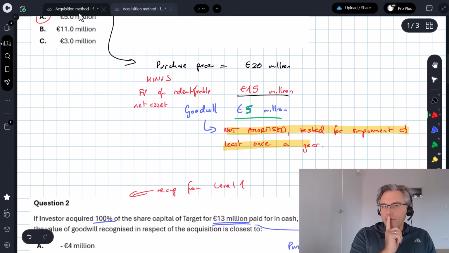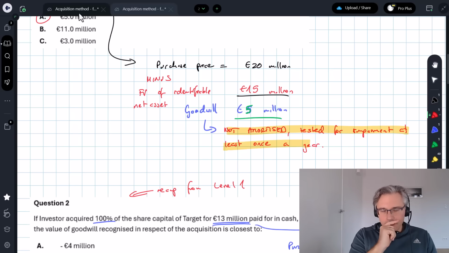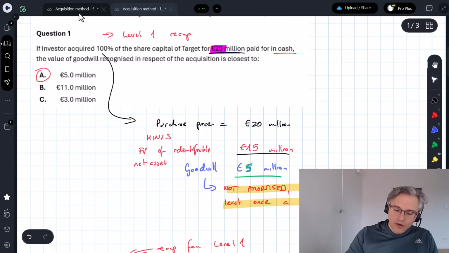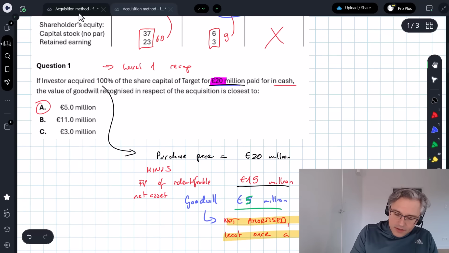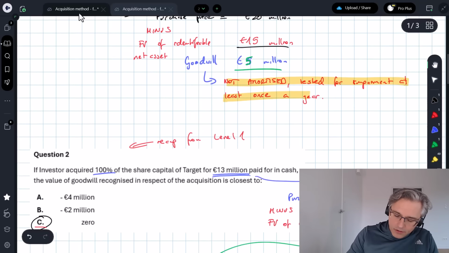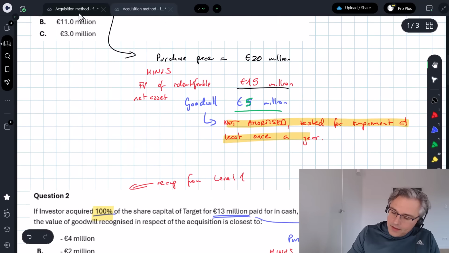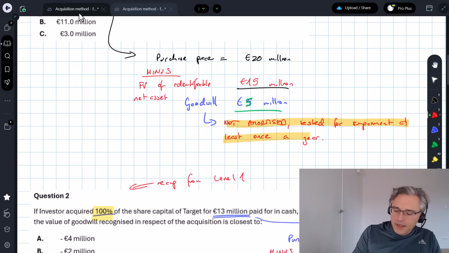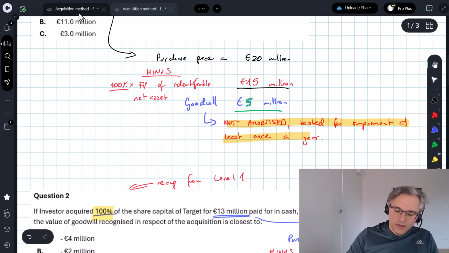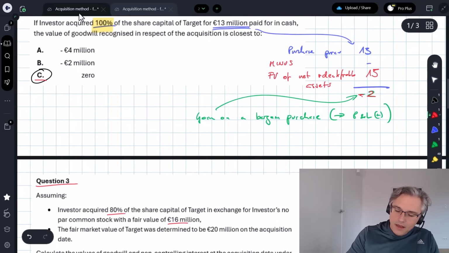But before, in questions 1 and 2, because in both cases we were talking about acquiring 100% of the share capital, I just said, let's deduct the fair value of net identifiable net assets. I could have deducted 100% of the fair value of the identifiable net assets, but I didn't, for simplicity's sake, because I didn't want to confuse you.